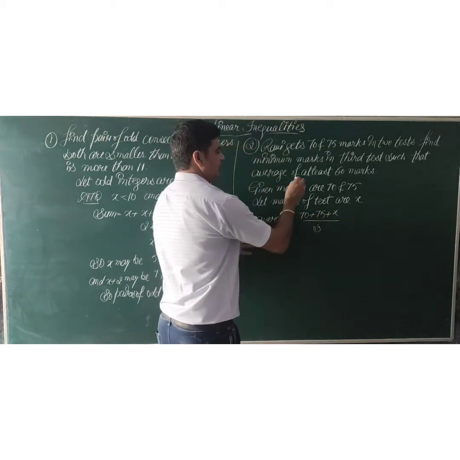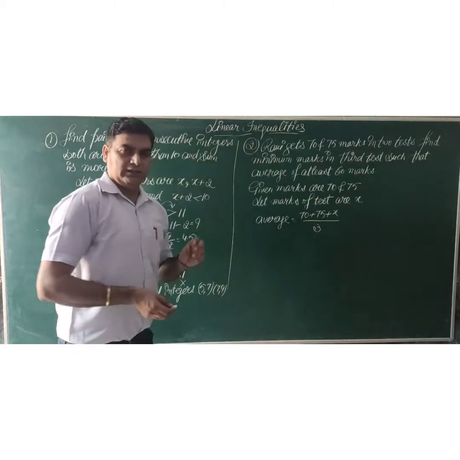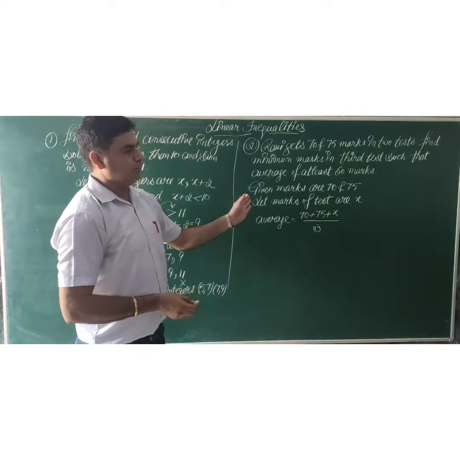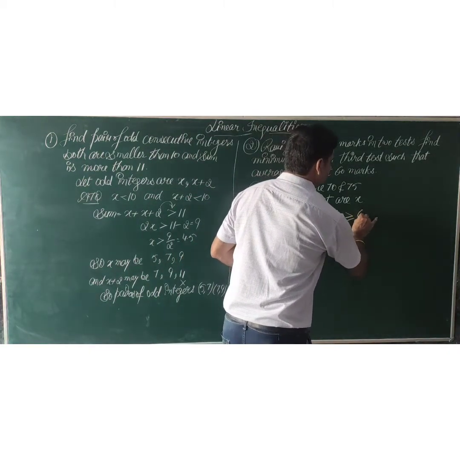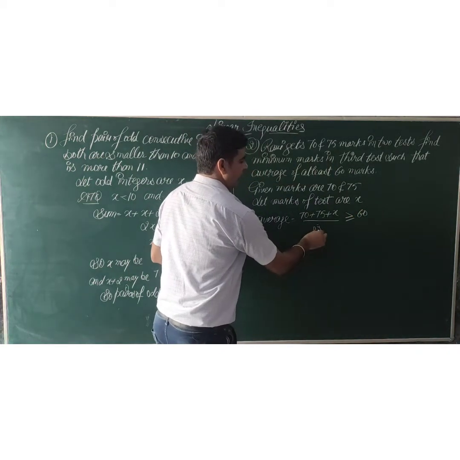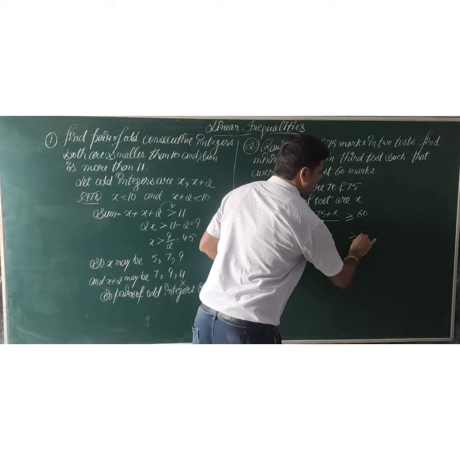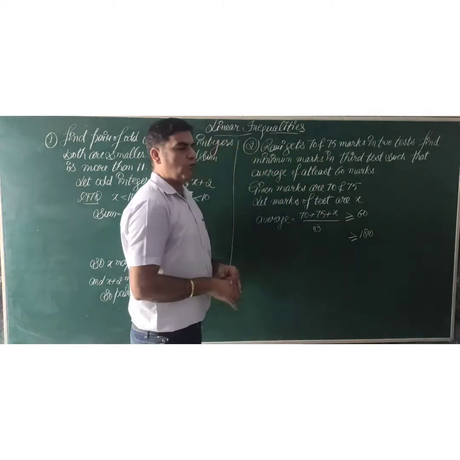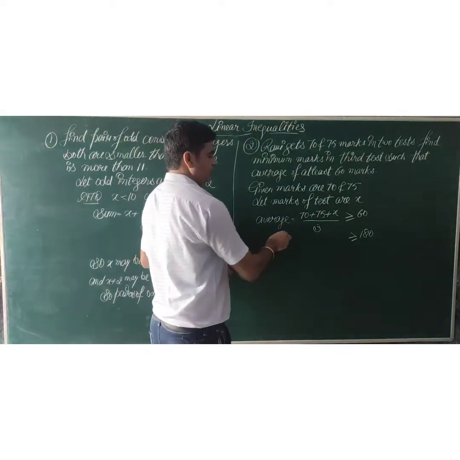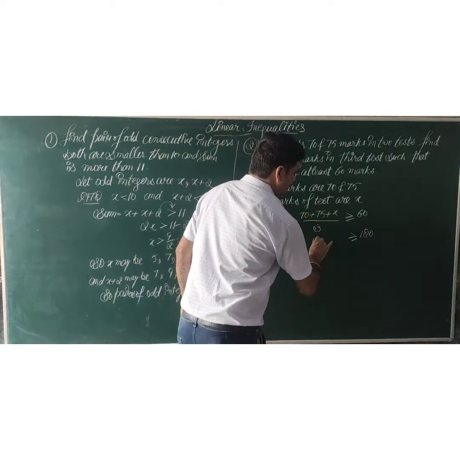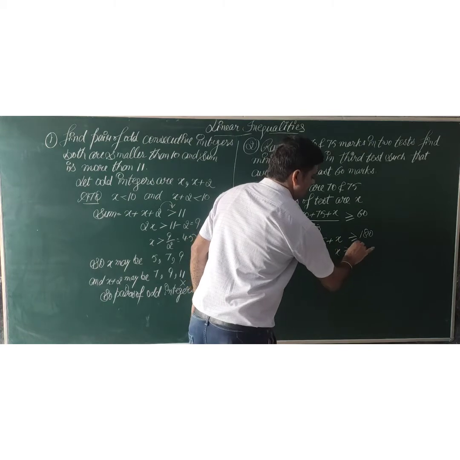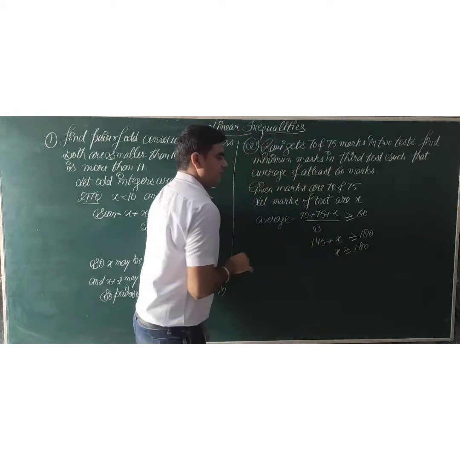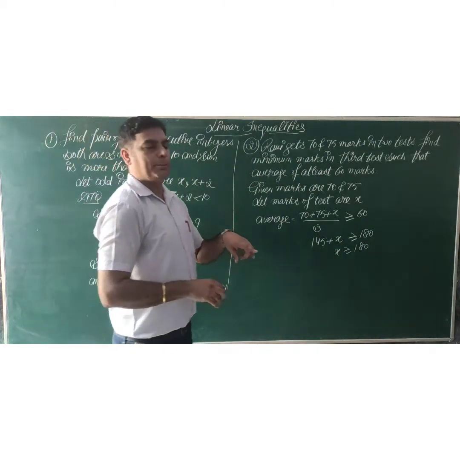It is given at least. At least means this is the minimum score. Score may be more than 60 or maybe 60. Here 3 is in divide, on shifting becomes multiply. It becomes 60 multiplied by 3. On the left hand side, 70 plus 75 is 145 plus x. Shifting to the right hand side, the sign of 145 changes from plus to minus.